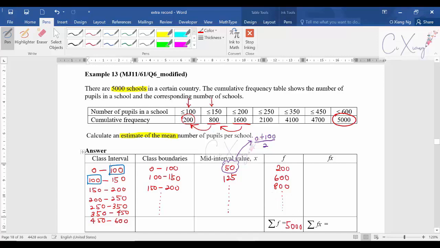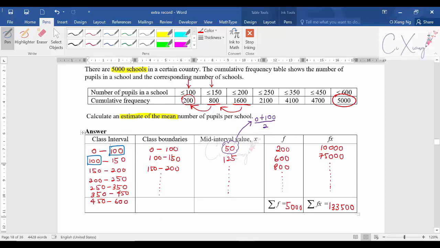After that, you take the frequency multiplied by the midpoint. For the first class, frequency multiplied by the midpoint, you get 10,000. For the second class, you have 75,000, and so on. If you sum all the fx together, for this example, you should get 133,500.